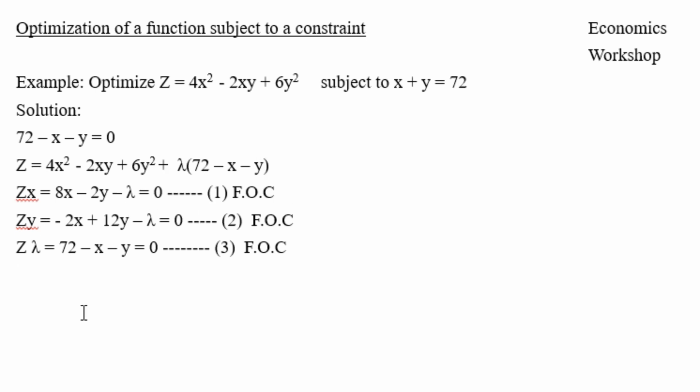Now from equation 1 and 2, 8x minus 2y equals minus 2x plus 12y, which is equal to 8x plus 2x equals 12y plus 2y, and that is 10x equals 14y.